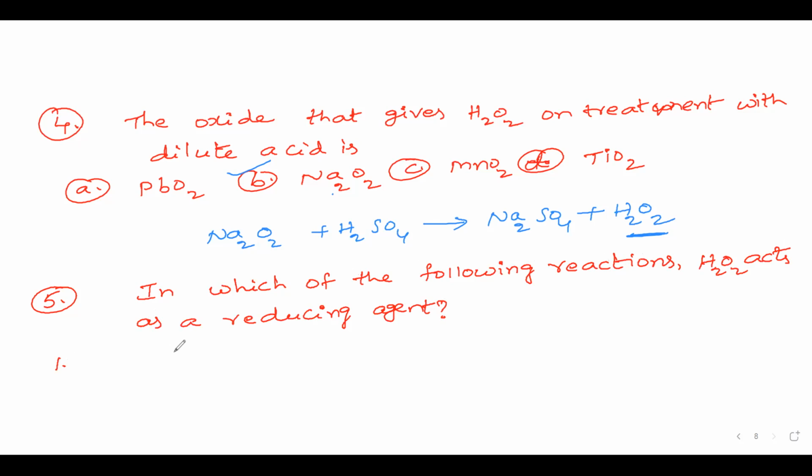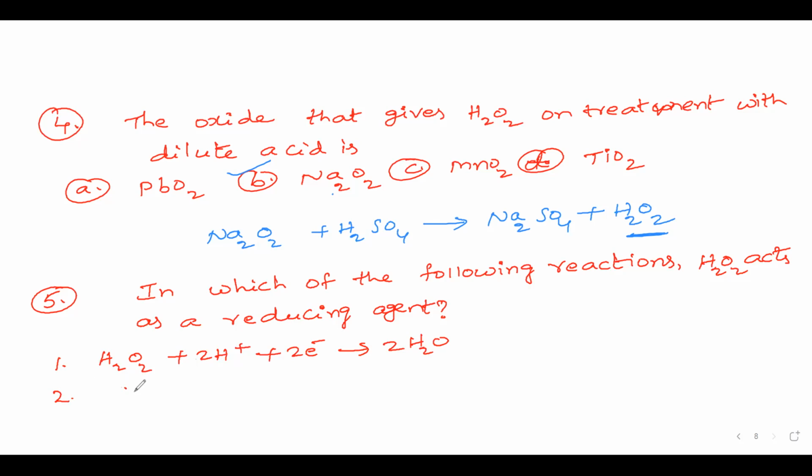First reaction, let us write H2O2 plus 2H+ plus 2 electrons gives rise to 2H2O. So gaining of electrons takes place.